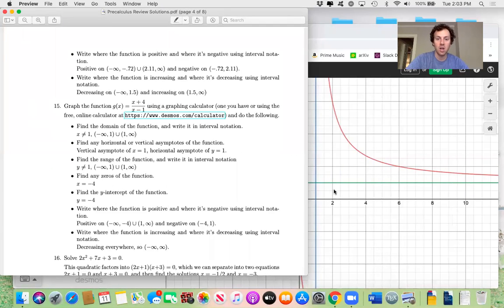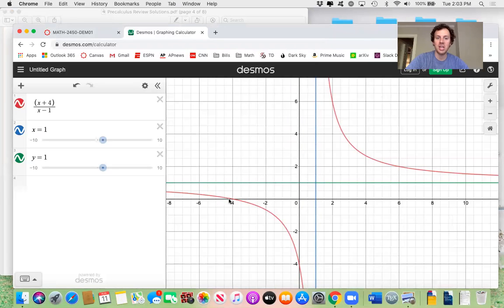Zeros are which x's you can put in to give you 0. So what that's really looking for is which x's put you on this axis here. And -4 is the only one.